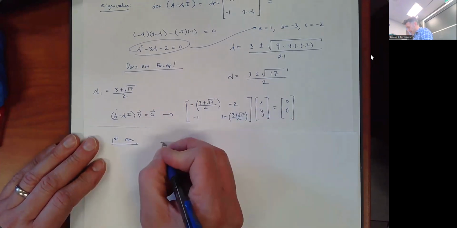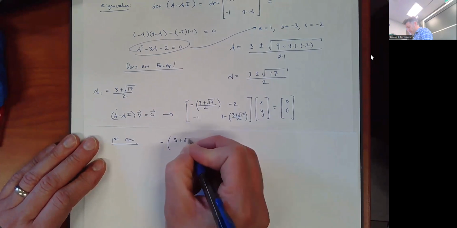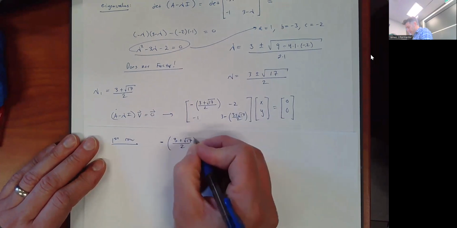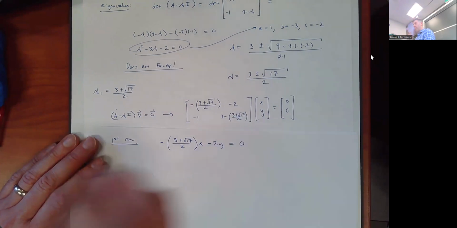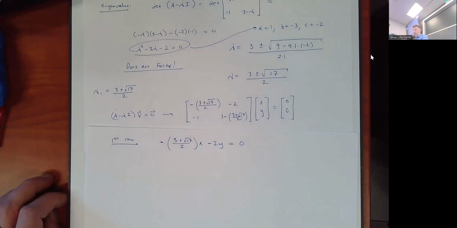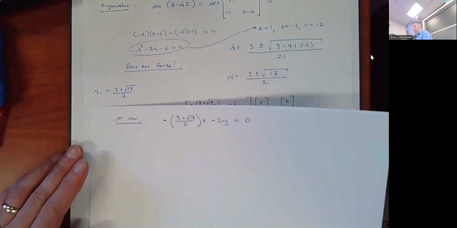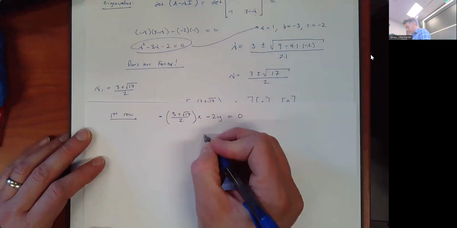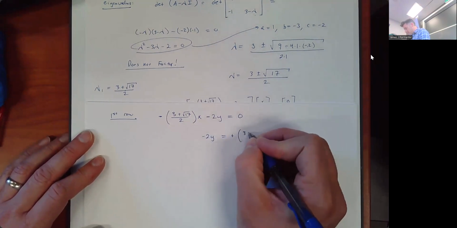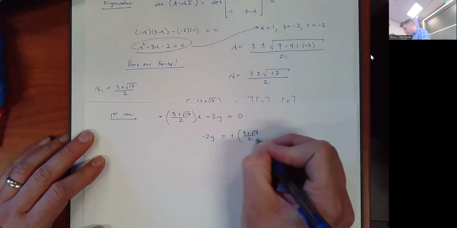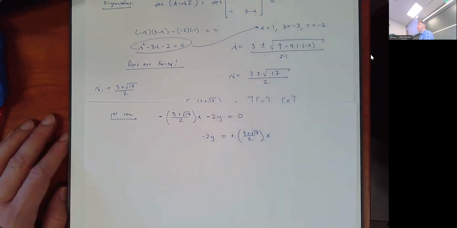So negative 3 plus root 17 over 2 times x minus 2 times y equals 0. Again, I'm going to isolate y. Well, I'm going to isolate -2 times y. So -2 times y equals positive 3 plus root 17 over 2 times x.